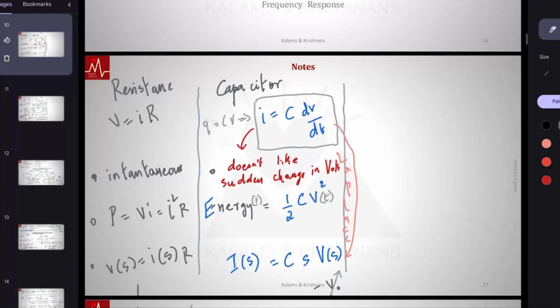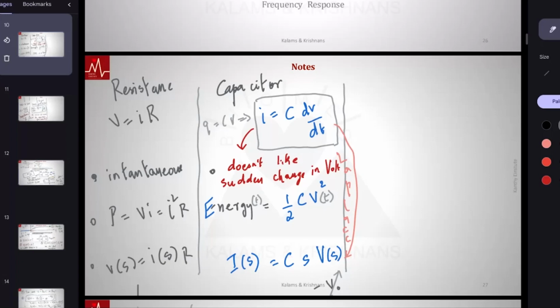Now some students are like, how can it not suddenly change? I will put a circuit with the DC voltage and a switch. Suddenly change, close the switch. If the capacitor doesn't change voltage suddenly, it will violate Kirchhoff voltage law. Some students are thinking like this, right? I will design a machine that will violate the first law of thermodynamics, the second law, a perpetual motion machine.